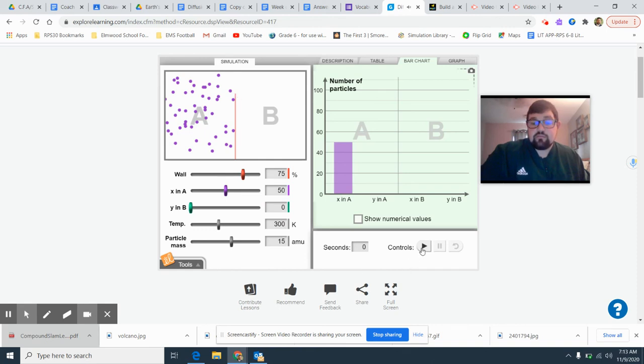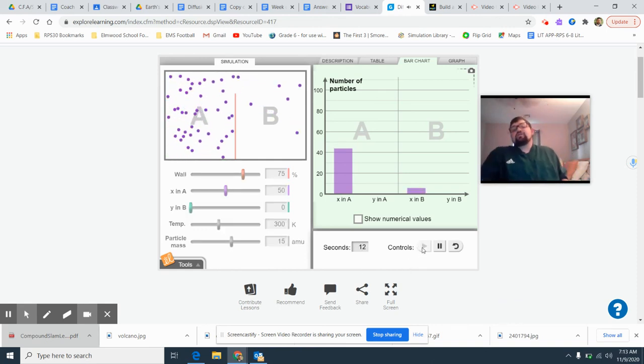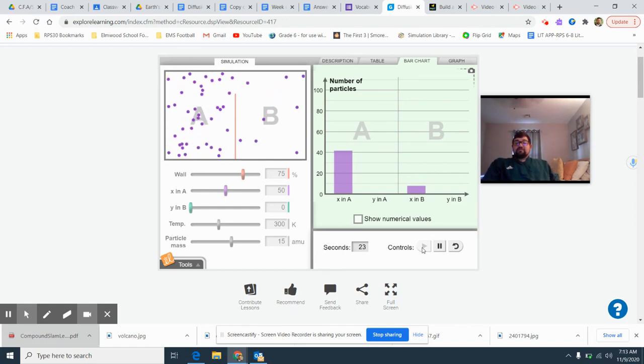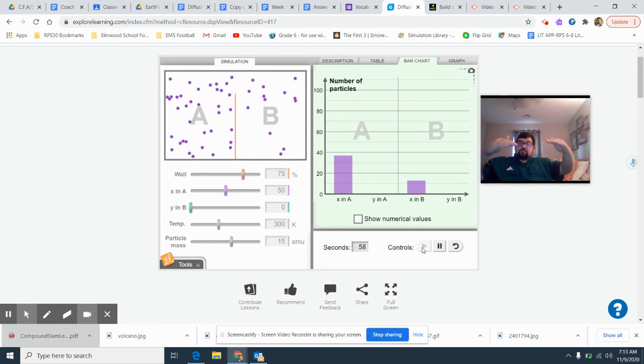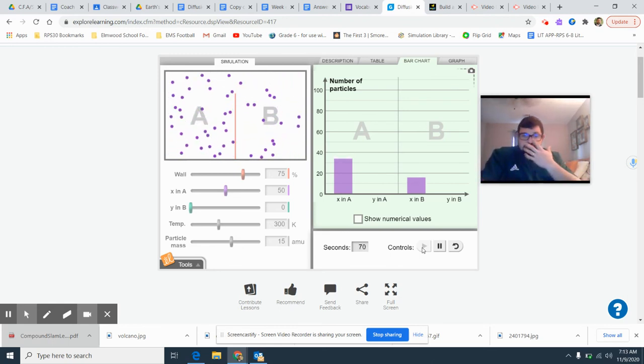And I'm going to hit play, and I'm going to see how long it takes for this to get to equilibrium. I'm basically looking at those bars and seeing when they get even. It doesn't have to be perfect, but pretty much close.